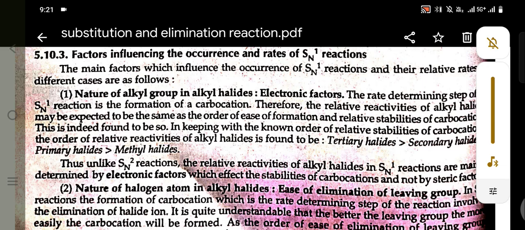This is indeed found to be so. In keeping with the known order of relative stability of carbocations, the order of relative reactivities of alkyl halides is found to be tertiary halides, secondary halides, primary halides, and then methyl halides. Thus, unlike SN2 reaction, the relative reactivity of alkyl halides in SN1 reaction is mainly determined by the electronic factors which affect the stability of carbocation and not by steric factors.